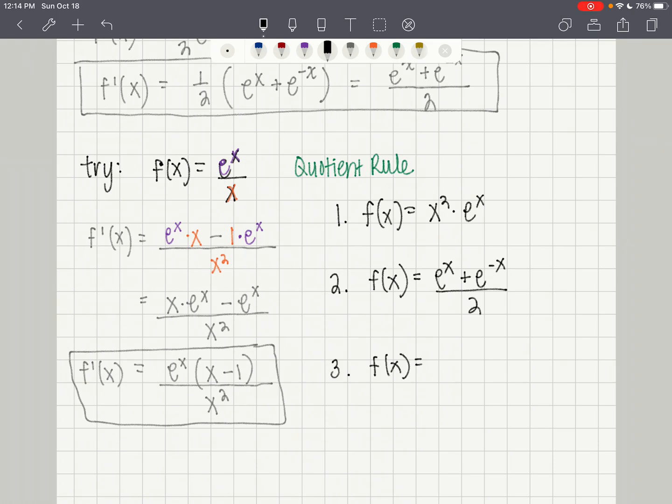Number 3, f of x equals e to the x over x squared. And number 4, f of x equals x squared e to the x minus e to the x. So go ahead and try those, and let's see what you get for an answer, and then come on back and we'll check your answer with my answer.